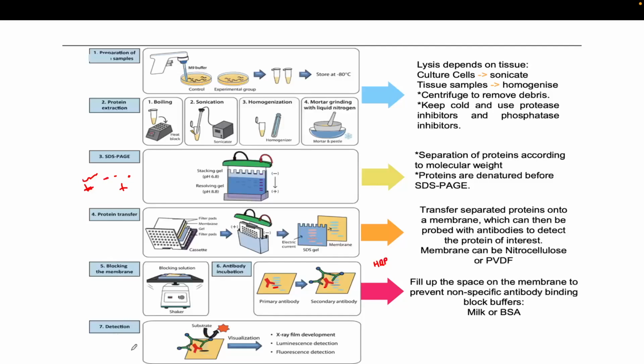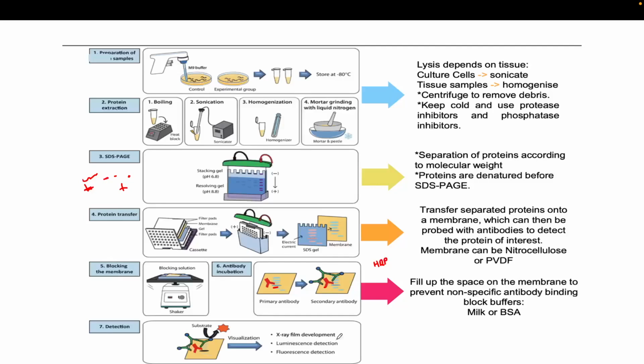to do for detection, to see it as a band, is add the substrate. Wherever the enzyme is linked to the primary antibody, there the enzyme will convert the substrate into product, and in that place it shows the band, which is your target band that you can develop.